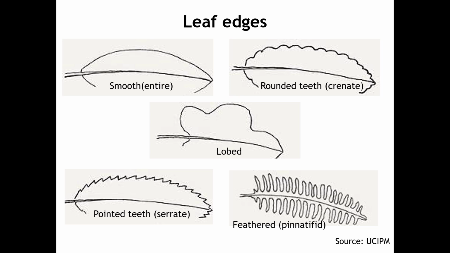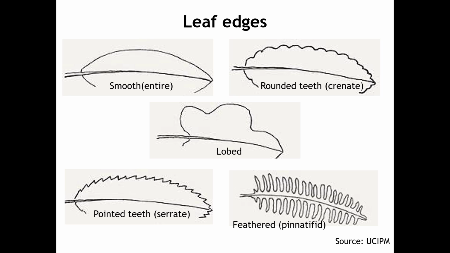So far we have been talking about the modes of reproduction of plant species, or weed species in this case, and we've also been talking about some of the features that can help us identify a weed species or different kinds of weed species, and we will go on further to talk about more features that can help us identify weeds.